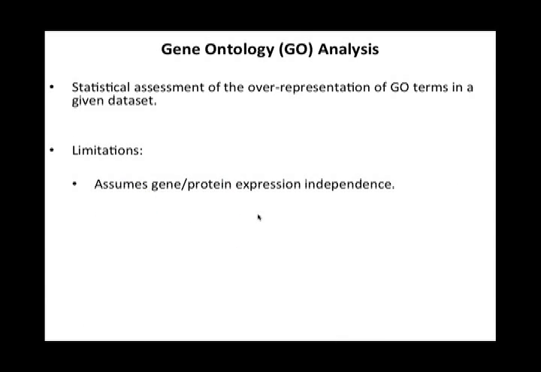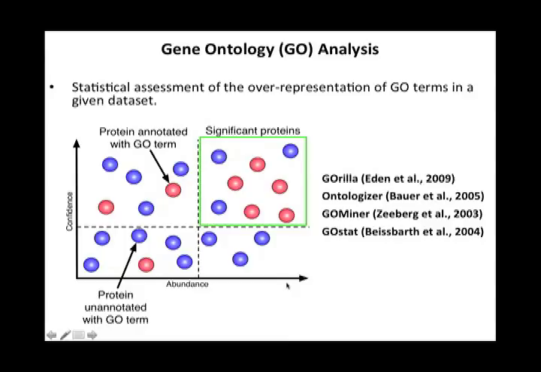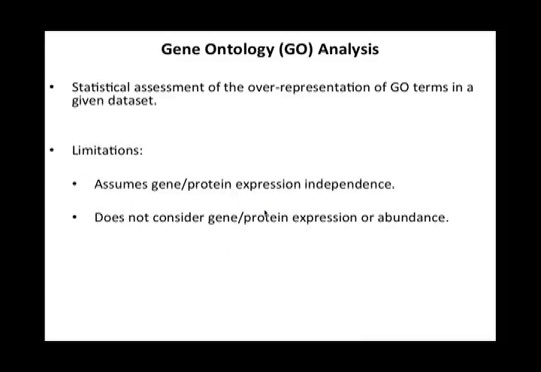But these analyses have certain limitations. One of the main ones is probably that it assumes that the gene or protein expression is independent. And that's something that we know is not exactly true, since, for instance, if we have proteins that are members of the same protein complex, it happens quite often that these proteins are regulated in the same fashion so that they are co-expressed in order to co-occur at the same time in the same cell and the same compartment of the cell.